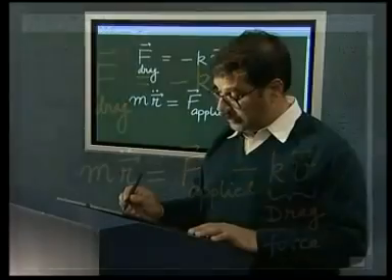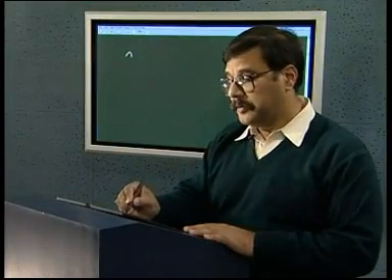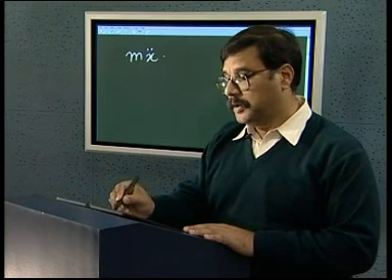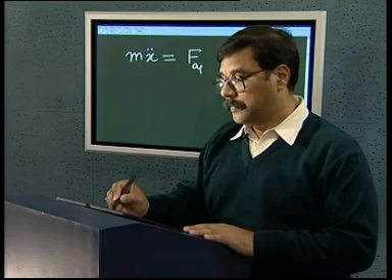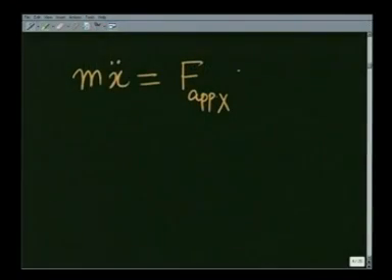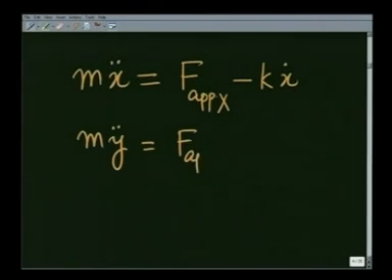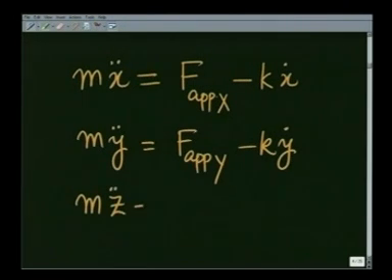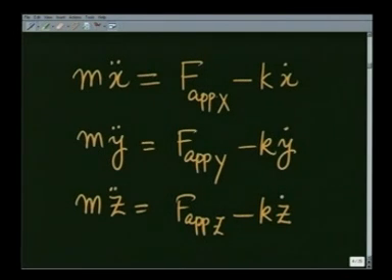If I write these in component form, I get m x double dot equals F applied x component minus K x dot, m y double dot equals F applied y component minus K y dot, and similarly m z double dot equals F applied z minus K z dot.